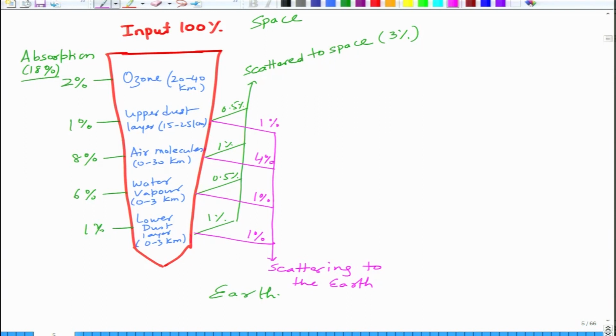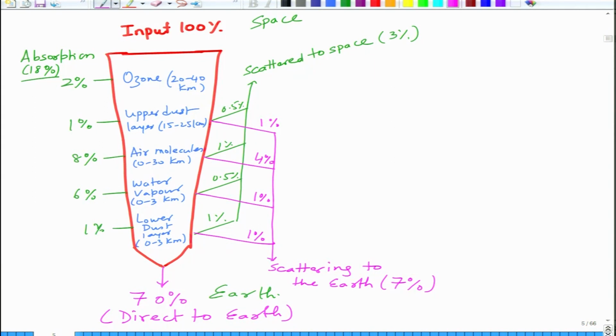So, total this is about 7% of radiation. If you do the mathematics, directly to earth is about 70%. So, from about 100% we lose about 30%, and what comes down to us is about 70%.